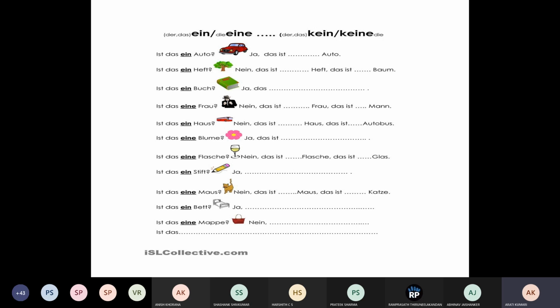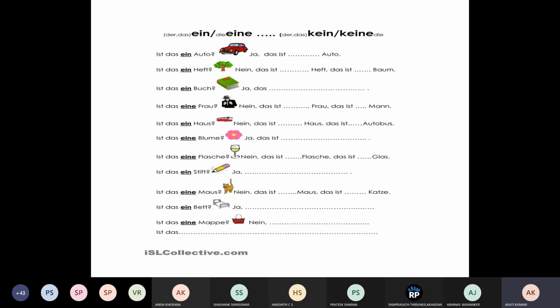Okay. Then you have many things. Something like Fahr plus Karte. So Fahr is taken from the root of the verb fahren. So you have only Fahr. So die Fahrkarte, traveling ticket.